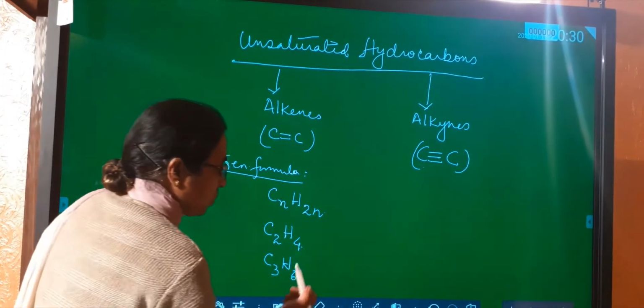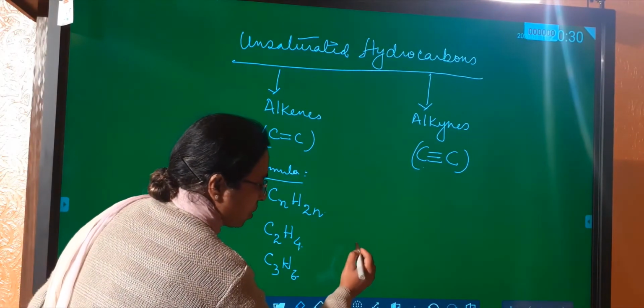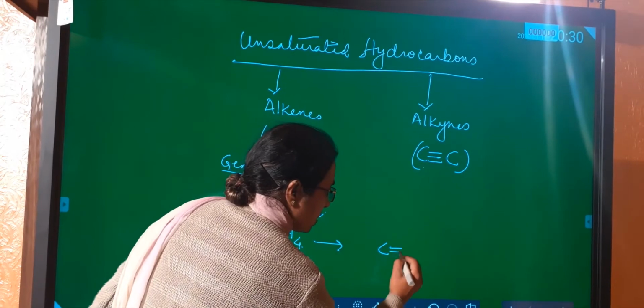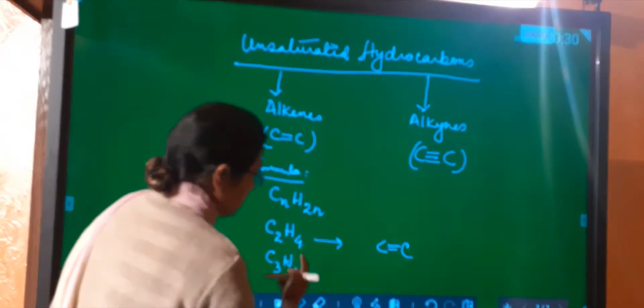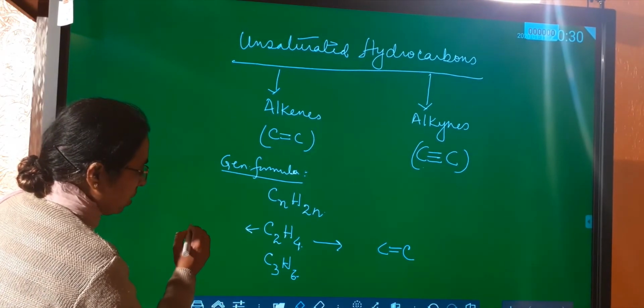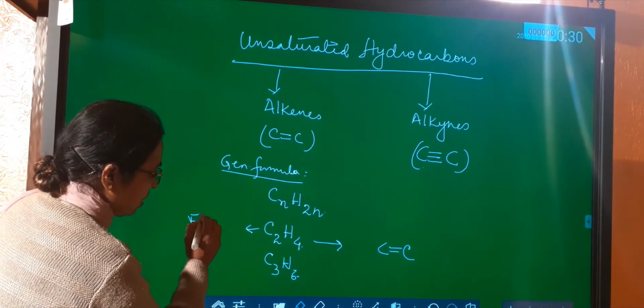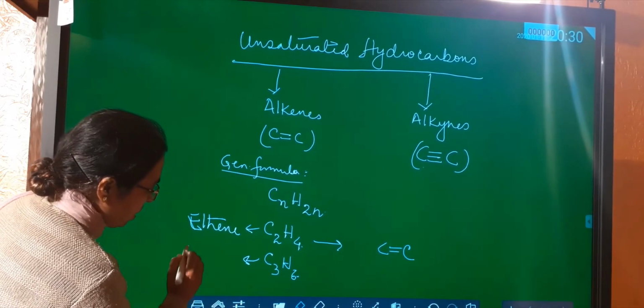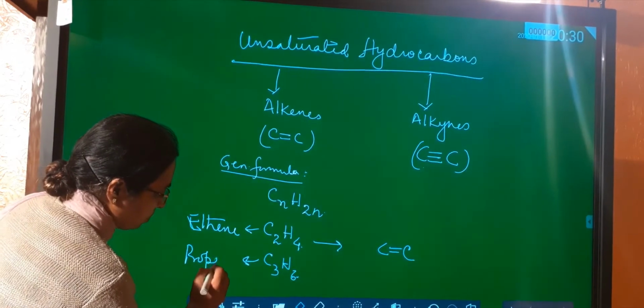So C2H4, how can we write the structure of C2H4? That is C double bond C. Since this is C2H4, the name is ethene. Over here, the name is propene.